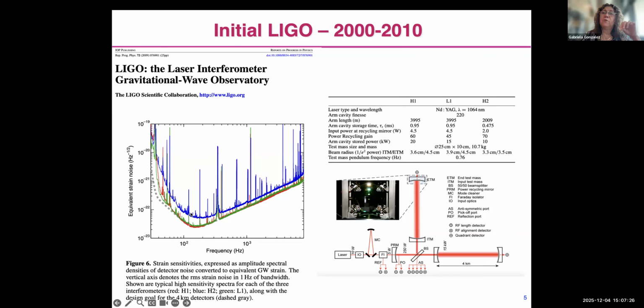The blue line was the 2-kilometer detector that people sometimes don't remember. We had a third detector, H2, 2 kilometers, and it was half as sensitive because it was 2 kilometers. It took several years to achieve that sensitivity, and we learned a lot about what were the dominant noises in there.